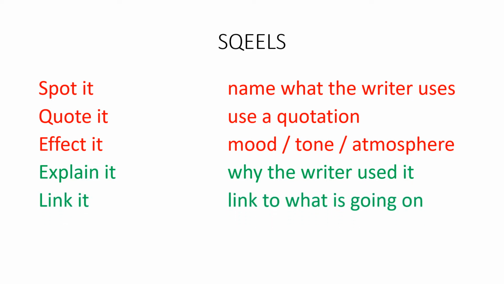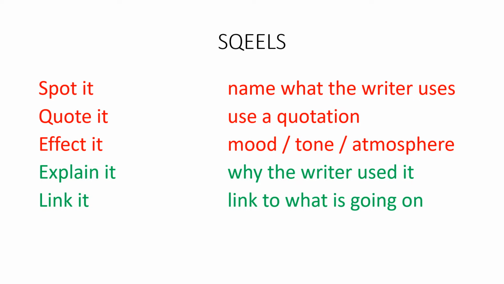The link it. Some students find the link it quite hard because they're thinking, I don't know what to link it to. Well, that just means that you're grounding it in what's going on. For example, you could say the writer uses this word because this is somebody who is knowledgeable about science, so they're using scientific words. What you're doing there is linking your explanation to what you know about the person.